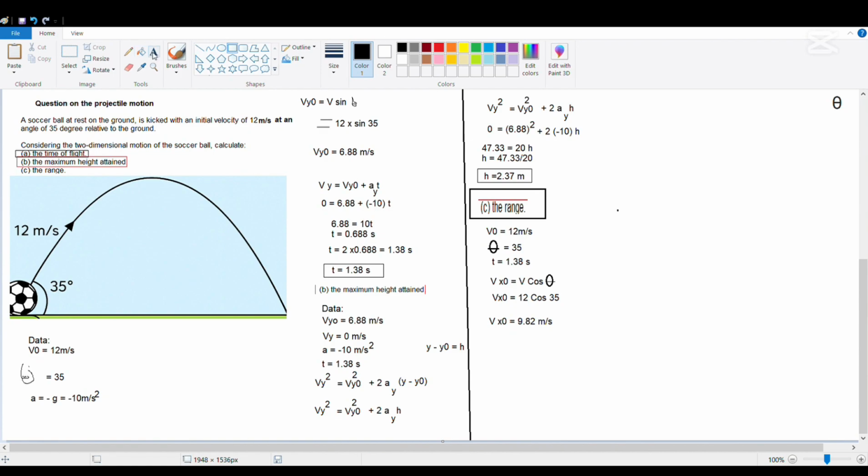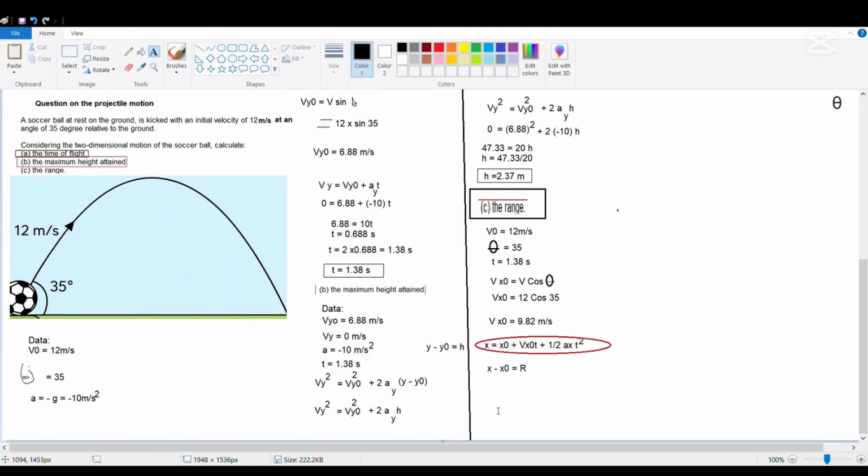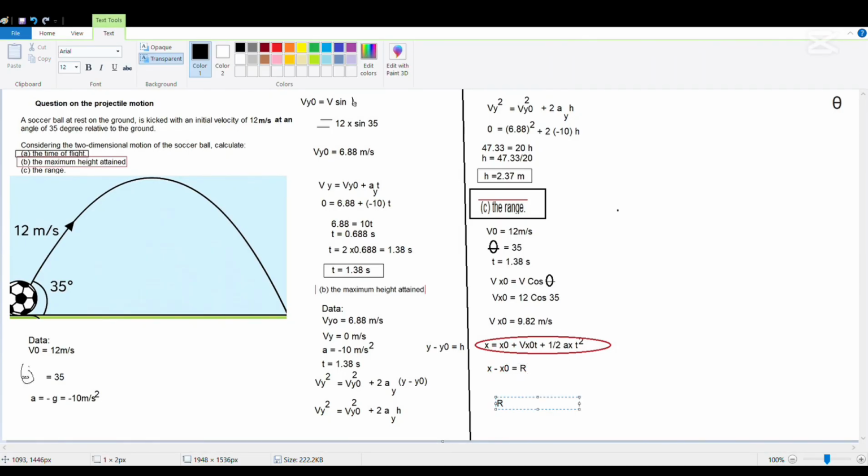If I bring x naught to this side, then x minus x naught is equal to the range, and I can write the equation r is equal to Vx naught t plus half ax t squared.